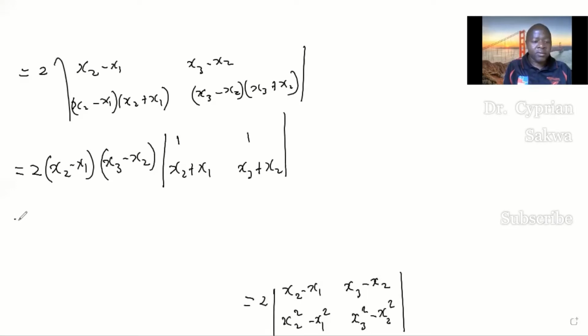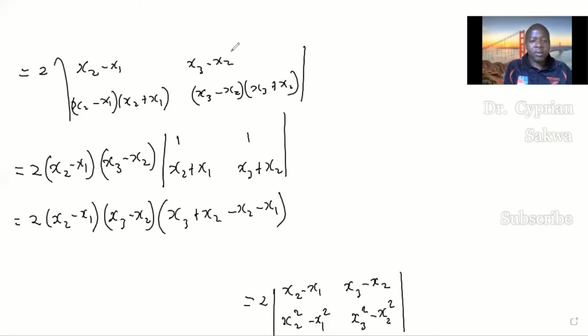What I have is 2 into x2 minus x1, x3 minus x2. What about this other one? This other one will be this minus that, which is x3 plus x2 minus x2 minus x1.